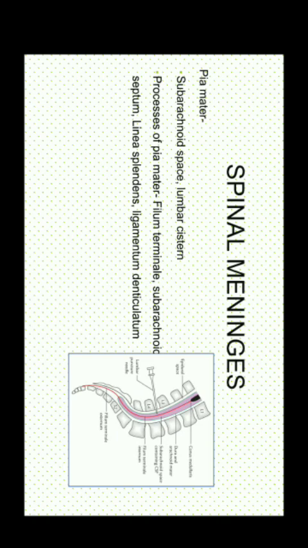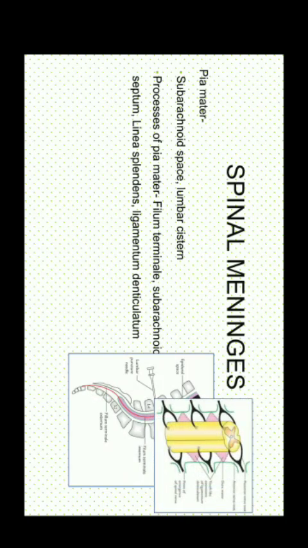One of the extensions I mentioned regarding the pia mater was the filum terminale. There are a few more processes which extend from the pia mater. The basic function of the filum terminale is to keep the spinal cord in position. Some other extensions are the ligamentum denticulatum.